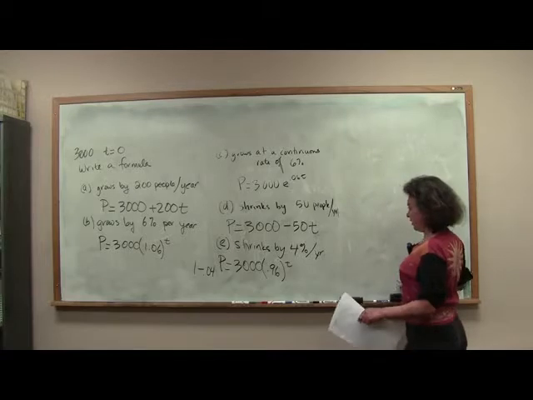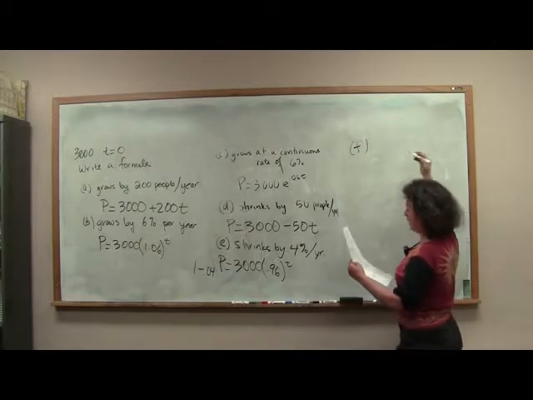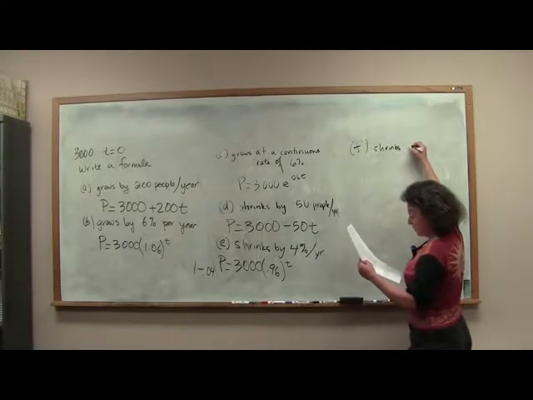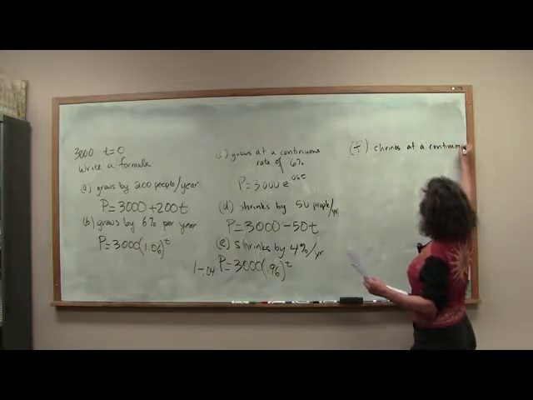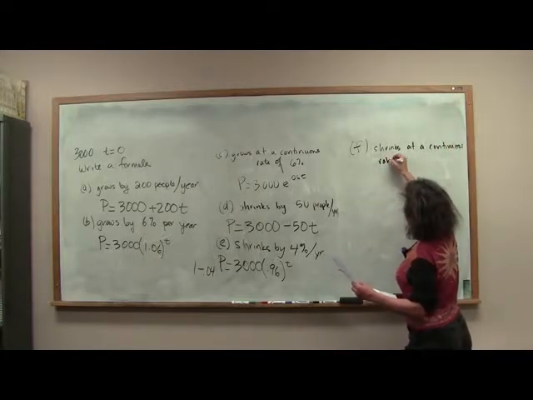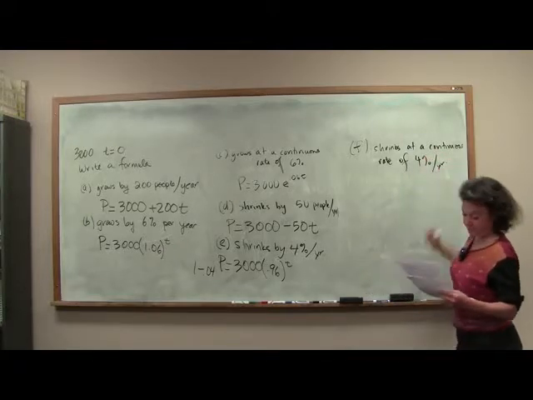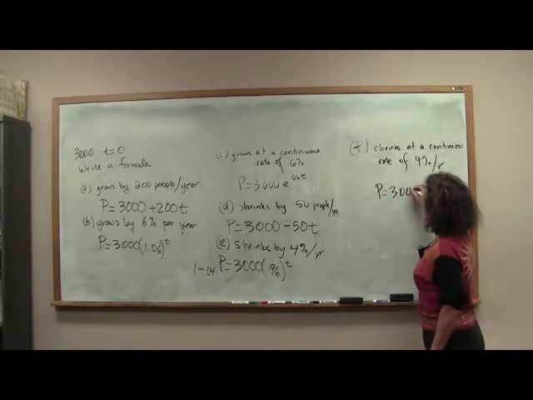And last but not least, what if now we want to find a formula, but now it shrinks at a continuous rate of 4% per year? Well, we still have 3,000.